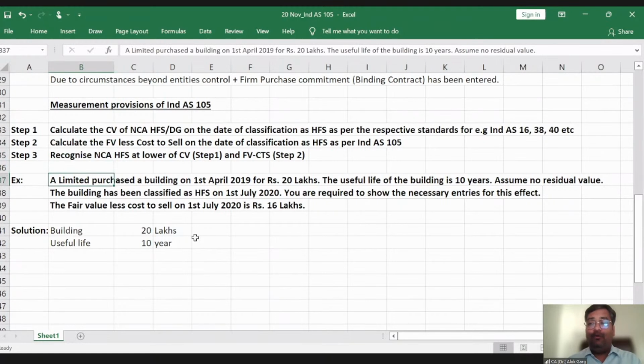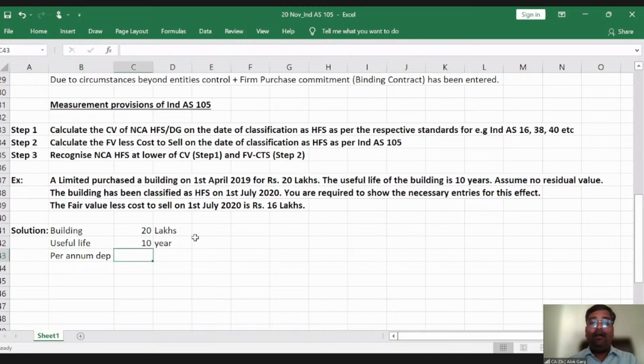Assume no residual value. The residual value is 0. What is the per annum depreciation in this case? If the cost is 20 lakhs, useful life is 10 years, no residual value, then it is 2 lakhs per annum.